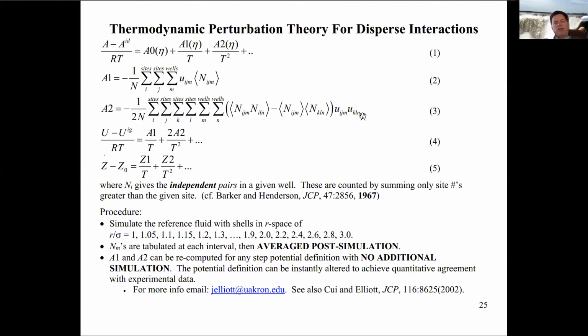Let's change the shape of that interaction potential. And I can recompute the entire thermodynamics. Once I've got A2, A1, A0, that's my entire equation of state. I can go and compute the vapor pressure, the liquid density, the Helmholtz energy, the enthalpy, internal energy, any number of things that you want. I've instantly got that.